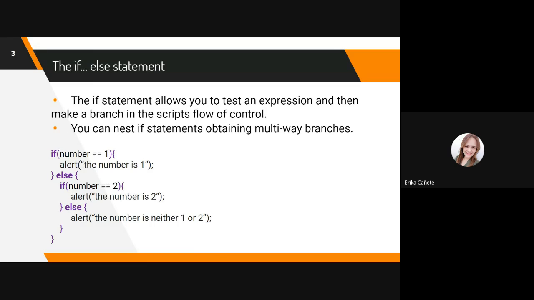Then else if number is equivalent to 2, the alert box will display the number is 2. And else, alert the number is neither 1 or 2. That is how we nest if statements.